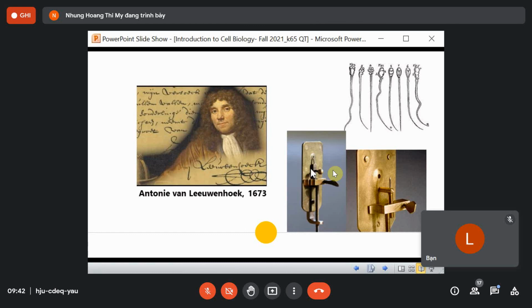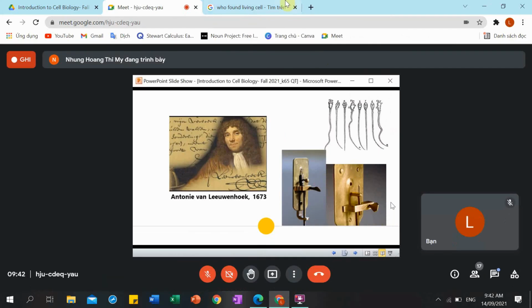And this is a microscope also invented by Leeuwenhoek. So you see, it is very different from the microscope invented by Robert Hooke. Can you imagine where he placed his sample to observe on this microscope? Where?